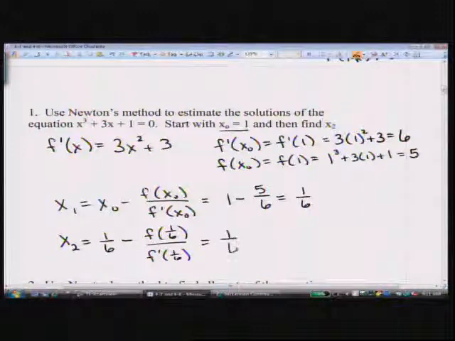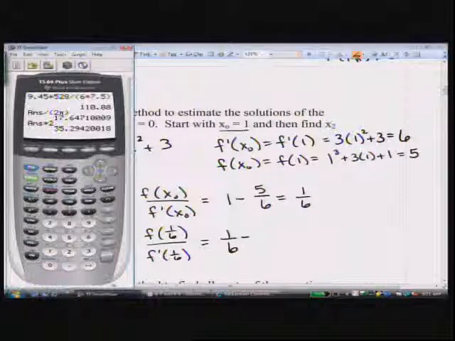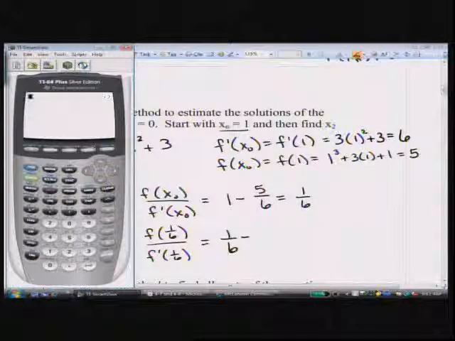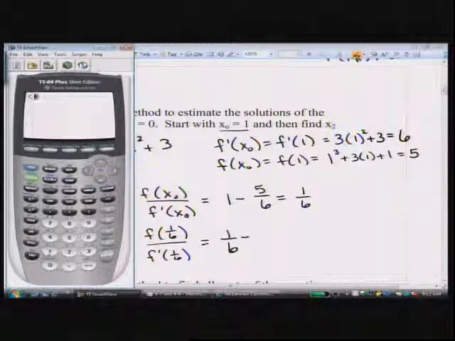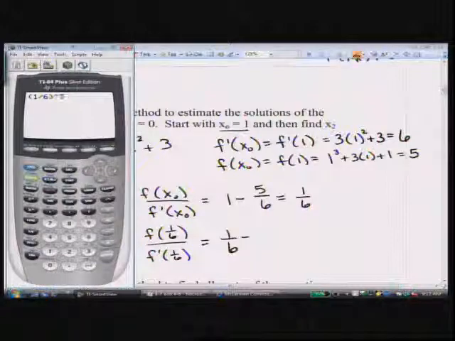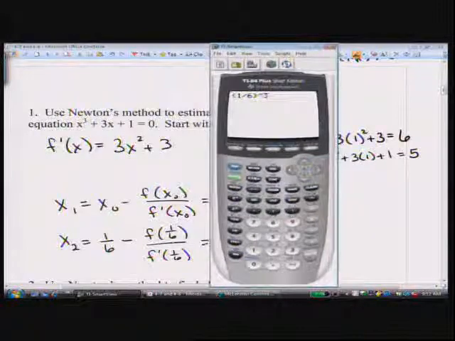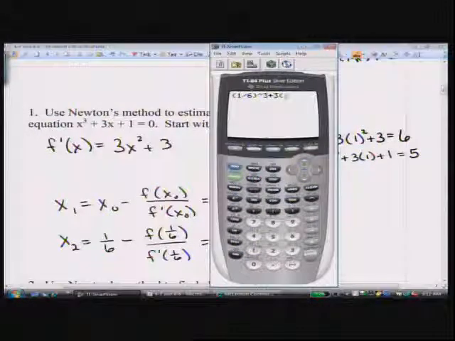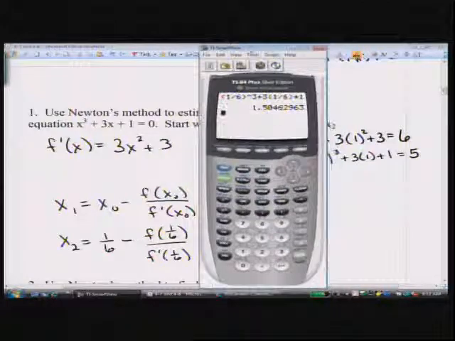So that'll be 1/6 minus, okay, f at 1/6 is where I'm going to have to start using my calculator. So let me show you. If we do 1/6 cubed plus 3 times 1/6 plus 1, we get that, and we can math frac that probably.